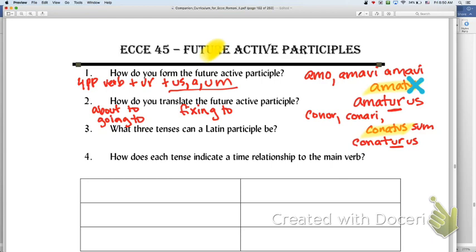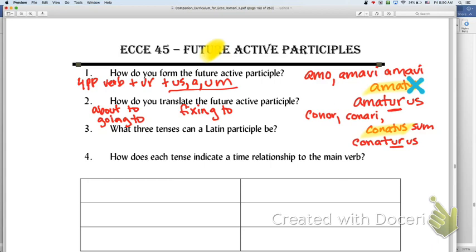Why do you get to form it the same way? Well, because it's a participle and not a main verb. And then you match it in gender, number, and case with the noun that it goes with.